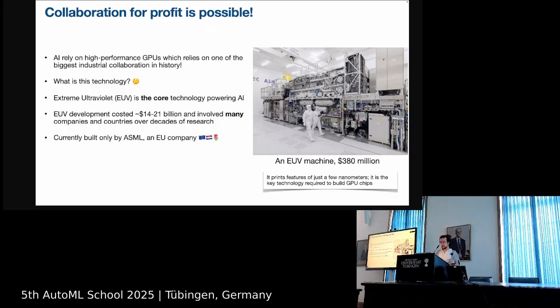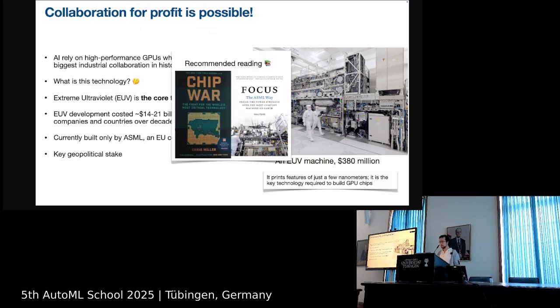It's built by ASML, which is an EU company, so that's also a great presence for the EU in the tech scene. And it's a very important company in the strategy of how AI is diffused and so on. If you're interested, I recommend reading those.